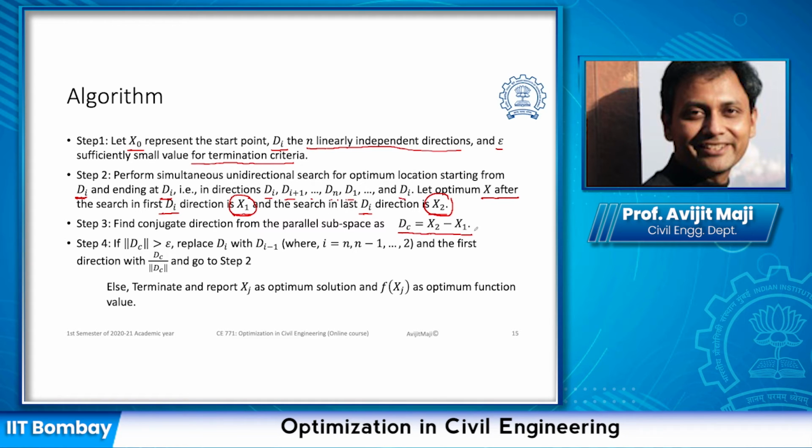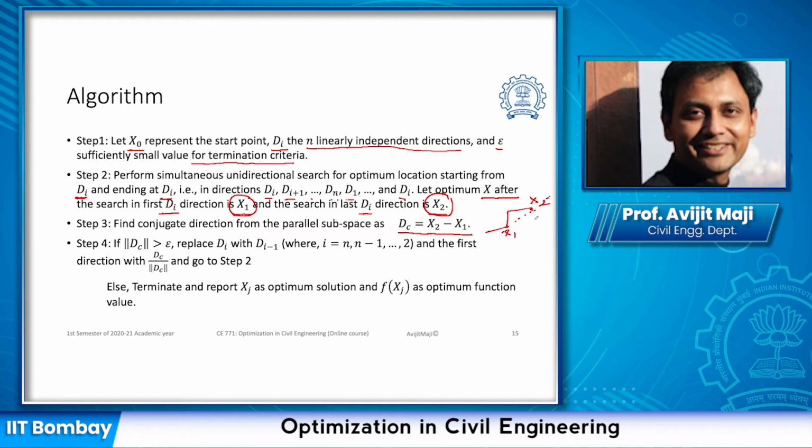So that is the direction which we had indicated: this is my x2 and this is my x1. The conjugate direction is going to be this, and this is what is indicated by dc.